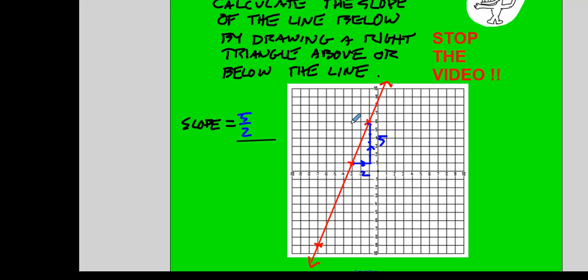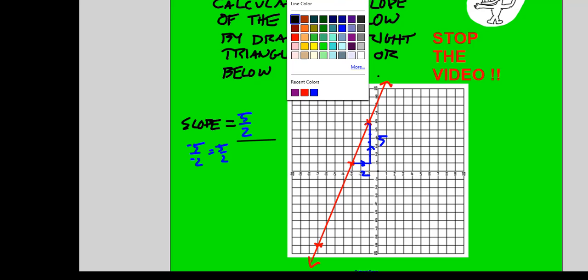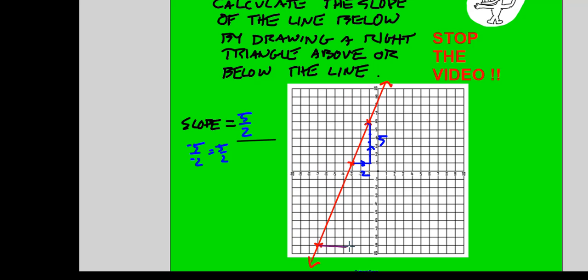Now you could have come back 2. That'd be -2 and down -5, but -5 over -2 is also 5/2. Now just to demonstrate, I could have used, say, these 2 points here and here. And let's do that just for demonstration purposes. So if I start here, to get under this point here, I go there, then I'm going to go up.